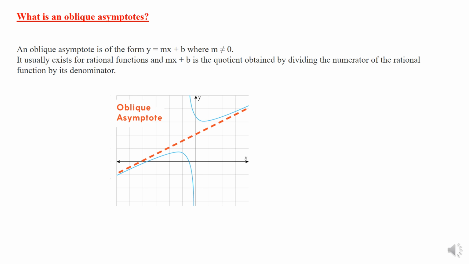So it usually exists for rational functions, and mx plus b is the quotient obtained by dividing the numerator of the rational function by its denominator. So the whole numerator by denominator. This is an oblique asymptote. You see the function approaches the oblique asymptote, never touching it, from left and from right.